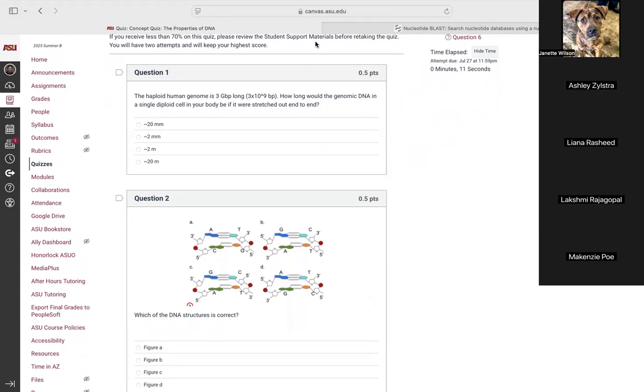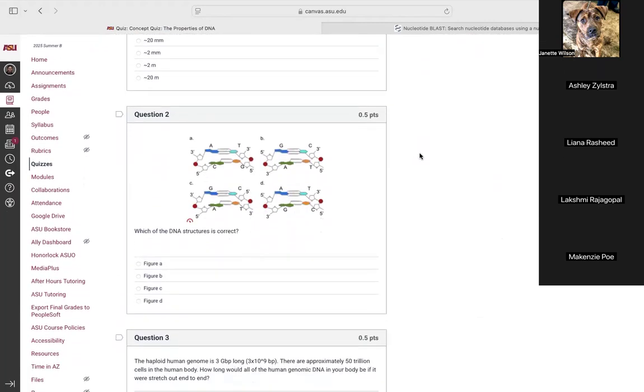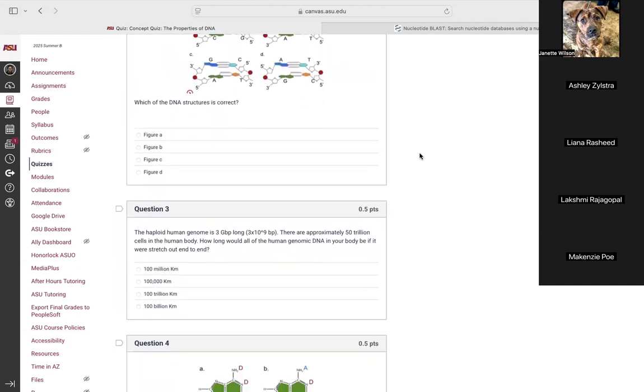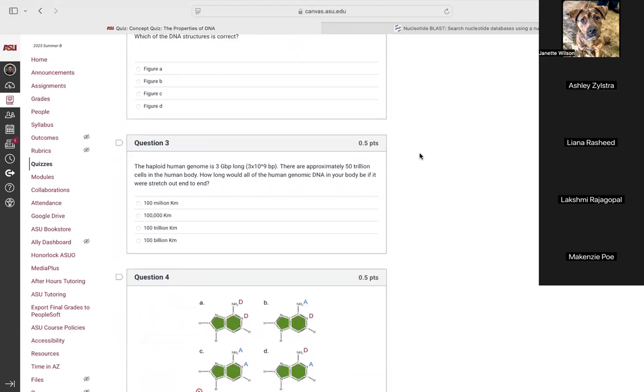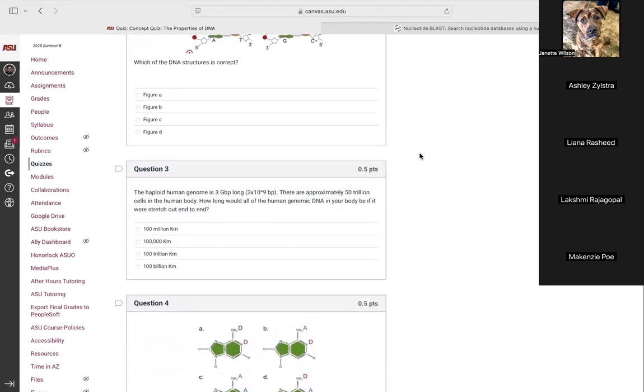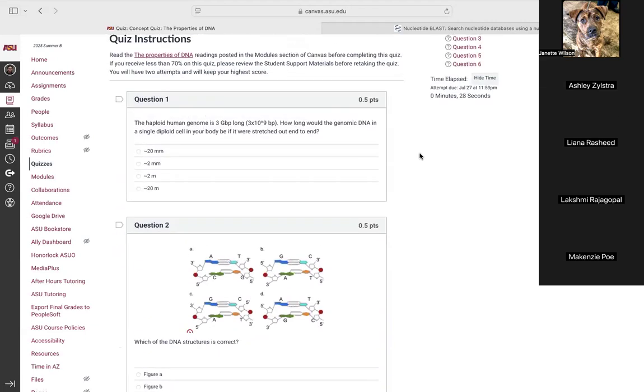The DNA replication quiz. Okay, gotcha. So Lakshmi, do you have any questions about this quiz? This quiz is kind of tricky with those numbers. We had to find all of that. For the first question itself, how do we know? Not all the details were given.